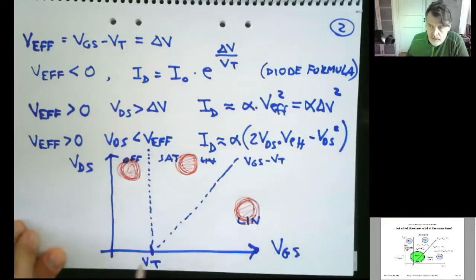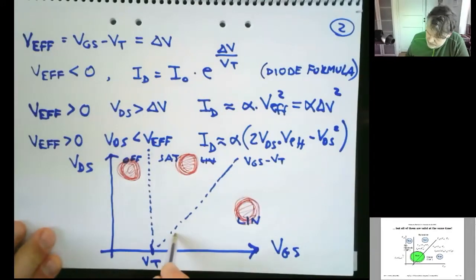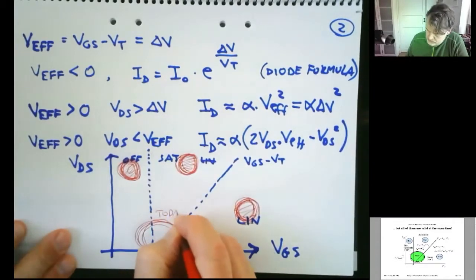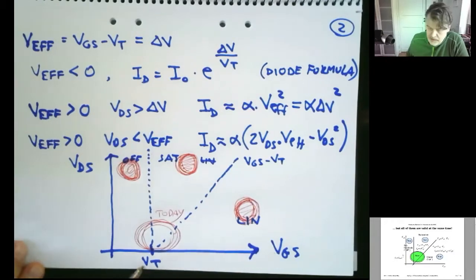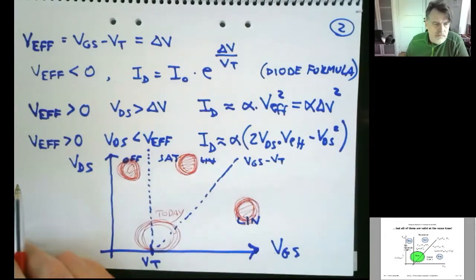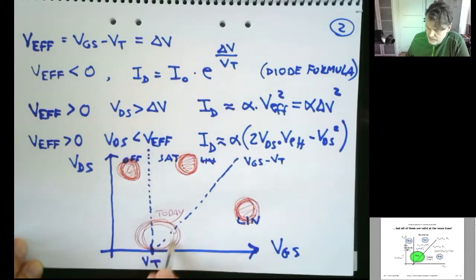That's not the case today. So the case today is more or less that we circle around down here somewhere. And why is that? Well, today VT might be 400 millivolts or something, but the supply voltage is 800 millivolts or something, 0.8 volts. So we are floating around here in the operating regions.